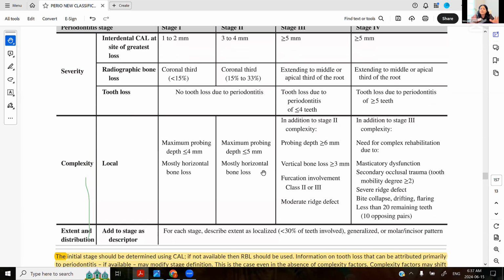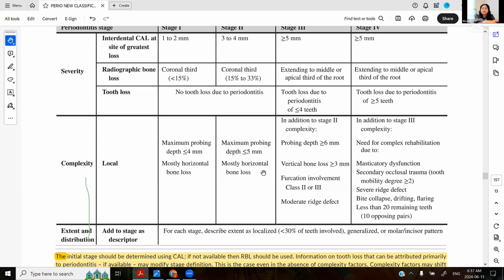So tooth loss in stages 1 and 2, the mild and the moderate one, there is no tooth loss due to periodontitis yet. That's why, because there is no tooth loss yet, these patients can be handled with non-invasive periodontal treatment. In 3 and 4, the patient comes to you, he has already lost a few teeth due to periodontitis.